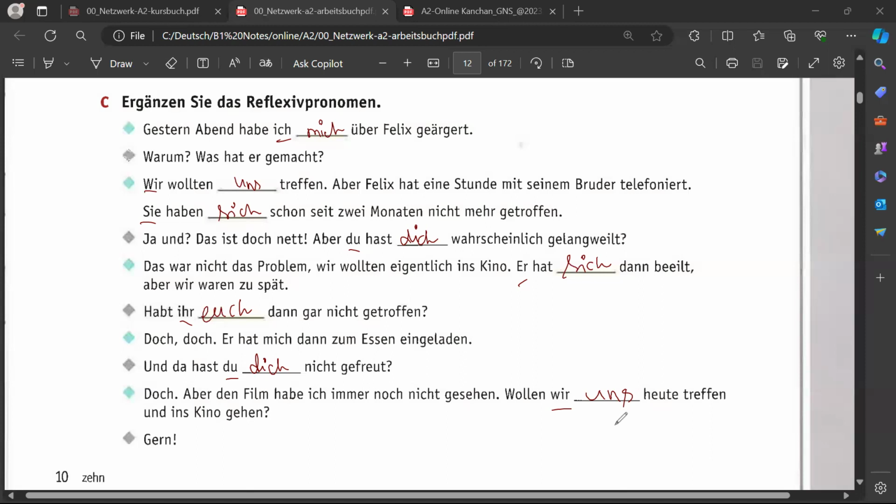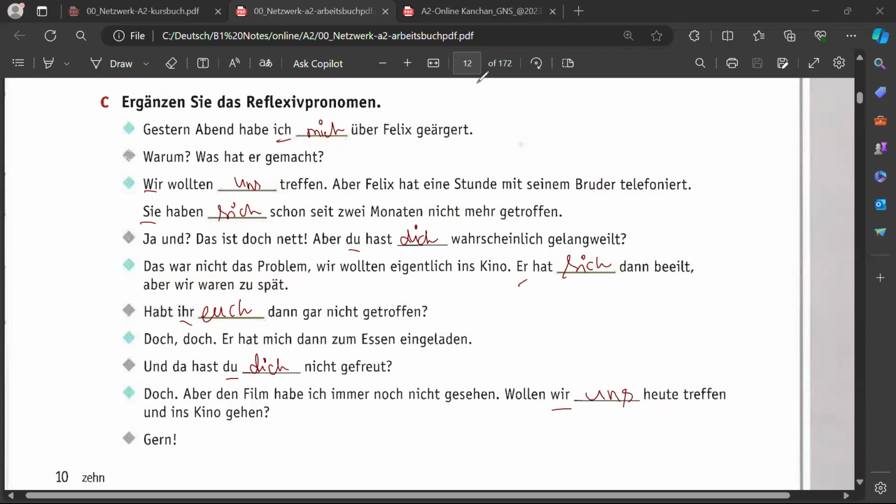So were you happy about that? Of course, but I still have not seen the film. Wollen wir uns heute treffen und ins Kino gehen? We are planning to meet today and go to the cinema. All right, gladly, gern.